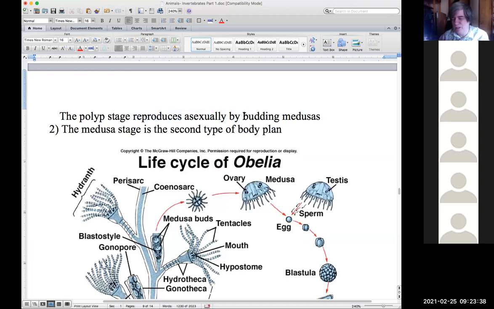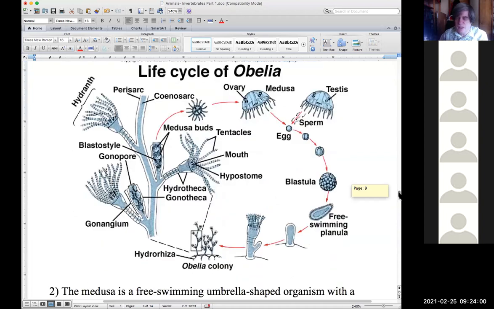So we know that means mitosis is involved when we're talking about animals, and it produces medusa buds. The medusa stage is the second type of body plan, and the medusa stage is going to reproduce sexually, and when it reproduces, it's going to make a polyp. So the polyp reproduces and makes a medusa. The medusa reproduces and makes a polyp.